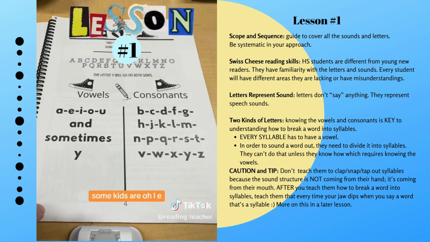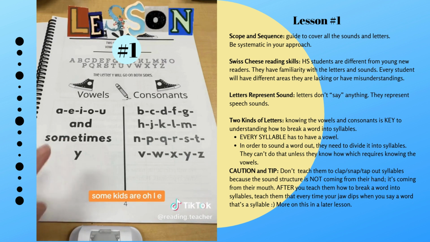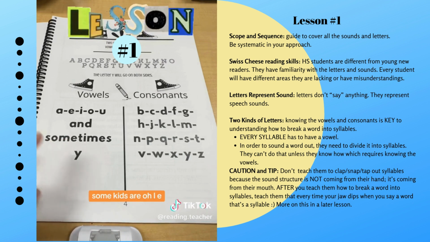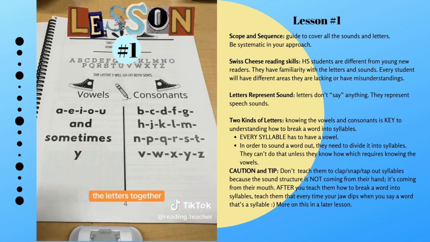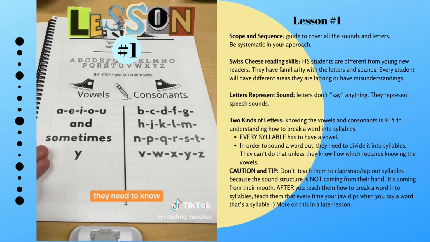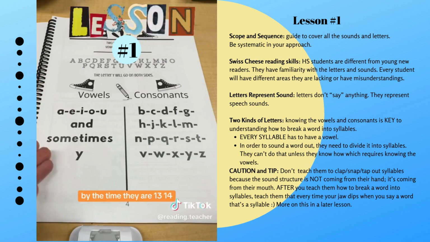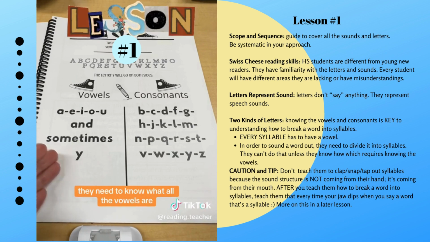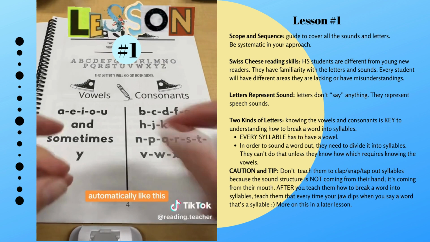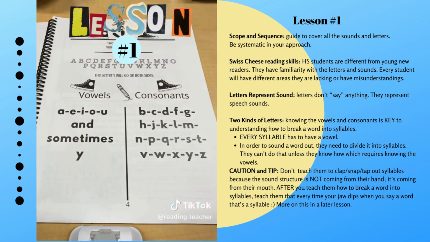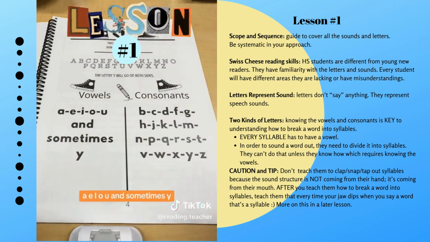Some kids say O, I, E. It's like they're just randomly trying to pull the letters together. They need to know by the time they are 13, 14, 15 years old what all the vowels are automatically, like this: A, E, I, O, U, and sometimes Y.